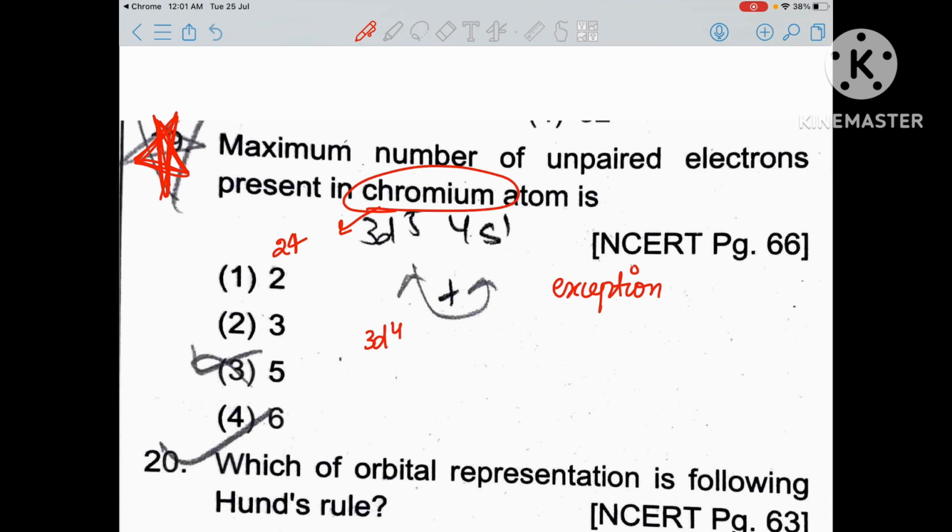You will think the configuration would come as this, and if you are talking about unpaired electrons, the answer should be 4, but there is no such option, so you are saved. But in fact, if the option given is 4, then you will be in trouble. So the configuration for chromium 24 is 3d5 4s1. Here are 5 unpaired electrons and here is 1 unpaired electron. So the total number of unpaired electrons comes out to be 6.